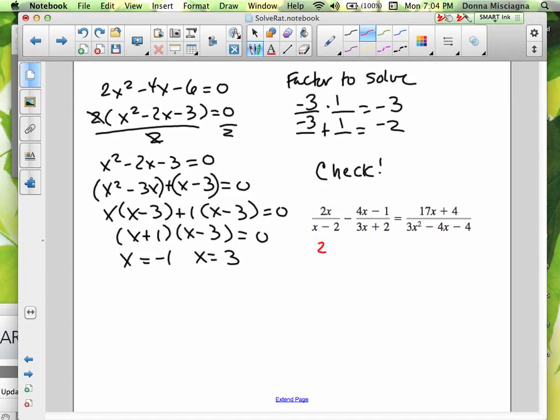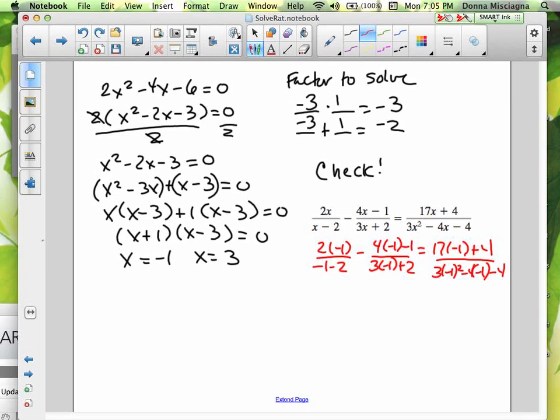So 2 times -1 over -1 minus 2, minus 4 times -1 minus 1 over 3 times -1 plus 2, equals 17 times -1 plus 4 over 3 times -1 squared minus 4 times -1, minus 4. All right, so we'll simplify that.